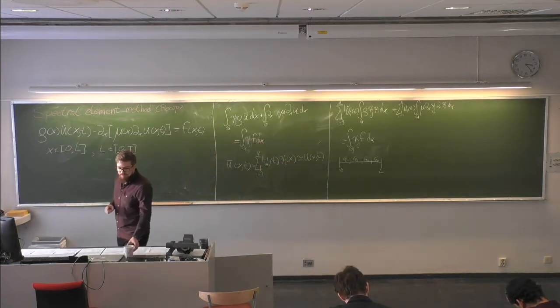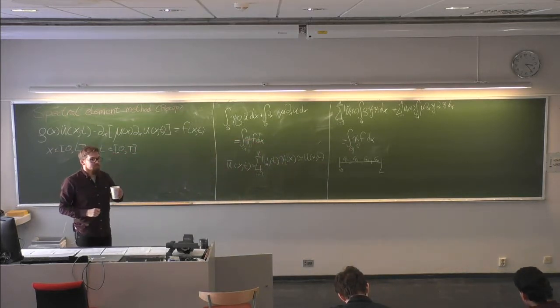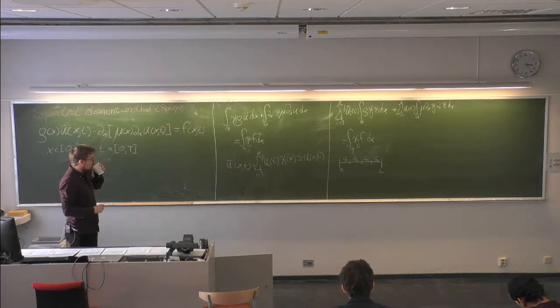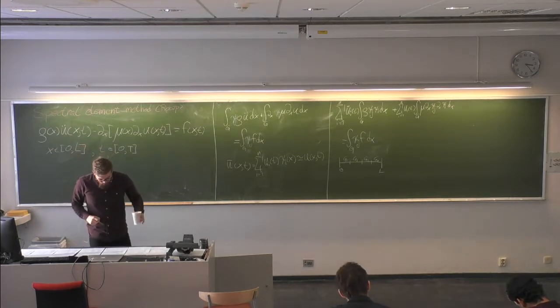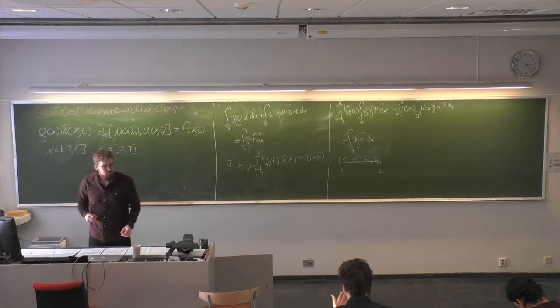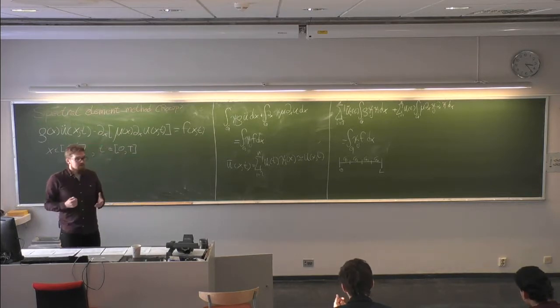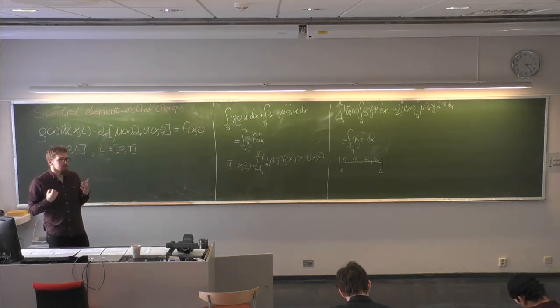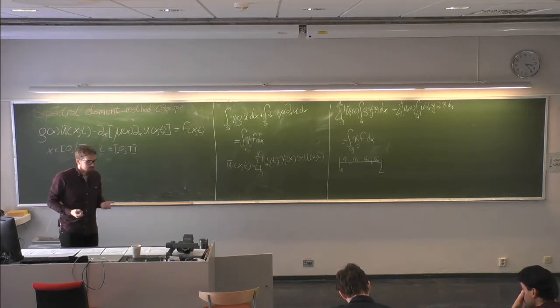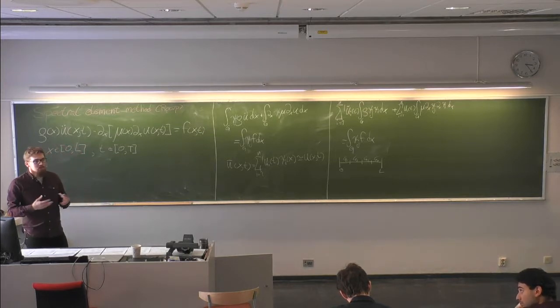Does this feel familiar? Good. They don't have to be of equal length. That's the good thing with finite element methods, that the elements don't need to look like the other ones.